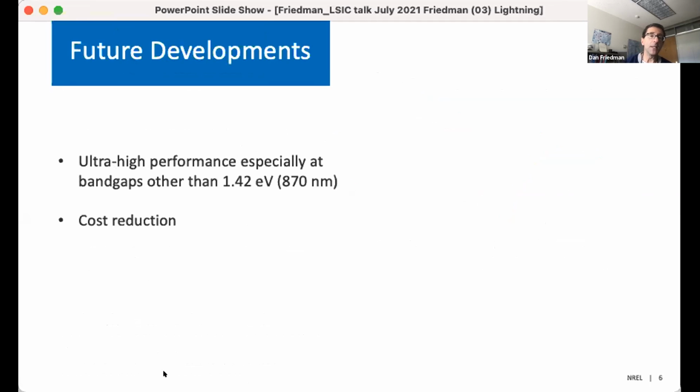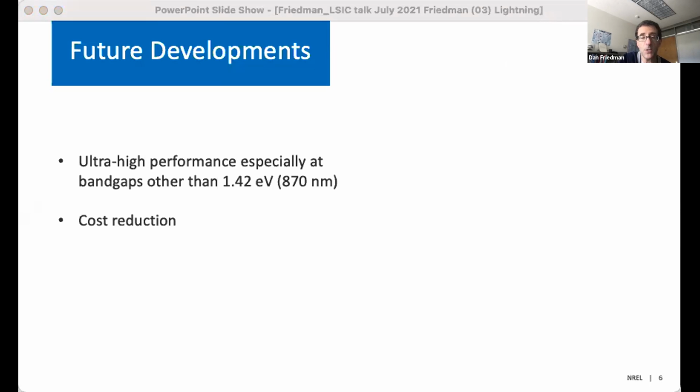So just about done. Future developments will, I think, continue to see even further increases in performance, especially for materials and band gaps at wavelengths other than the standard gallium arsenide at 1.42 eV. So if there were an interest in lasers at significantly different wavelengths, I think we'll see continued improvements there.